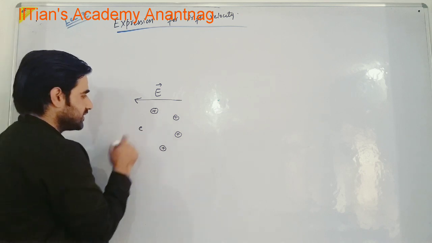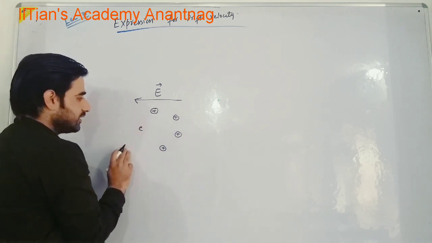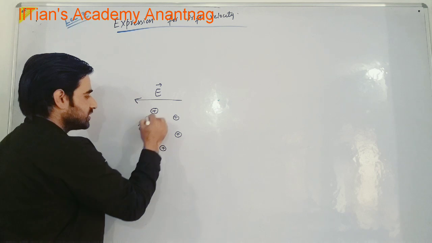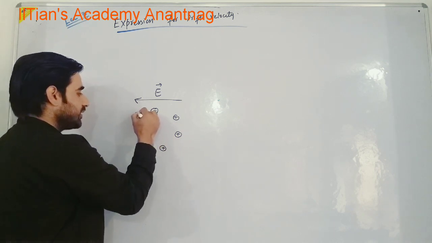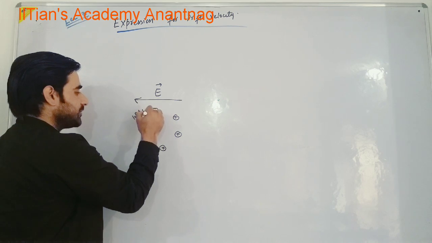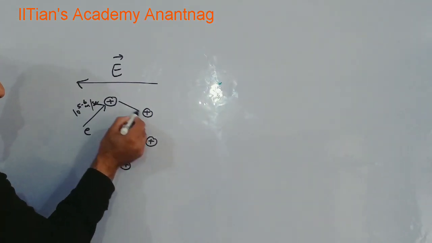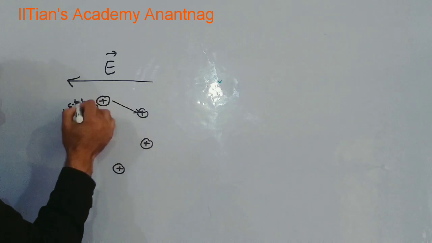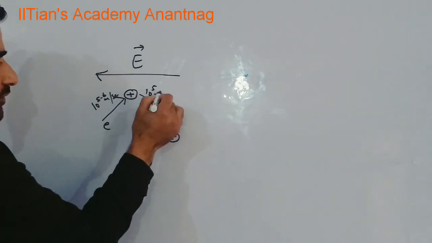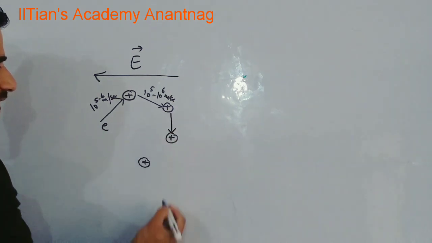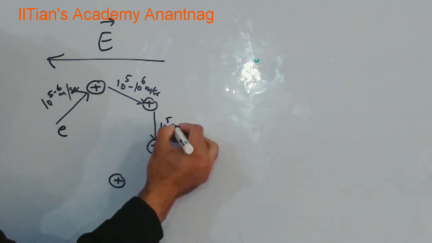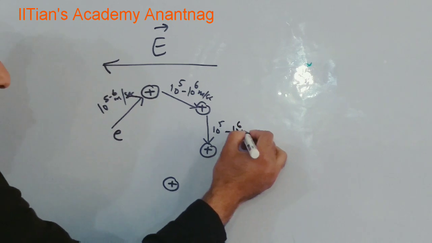So what we could see, there is some thermal motion of the electron. It goes here with a speed of the order of 10 raised to power 5 to 6 meter per second. Later on, it goes here due to thermal motion with the speed 10 raised to power 5 to 10 raised to power 6 meter per second. Then it goes something here, 10 raised to power 5 to 10 raised to power 6 meter per second.